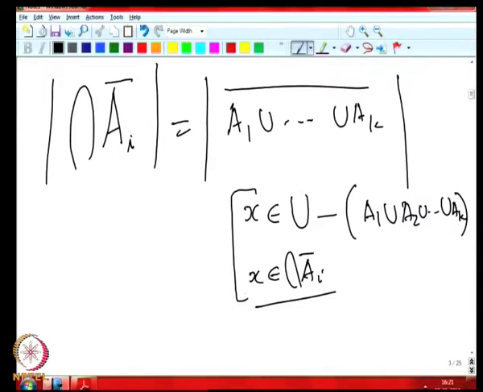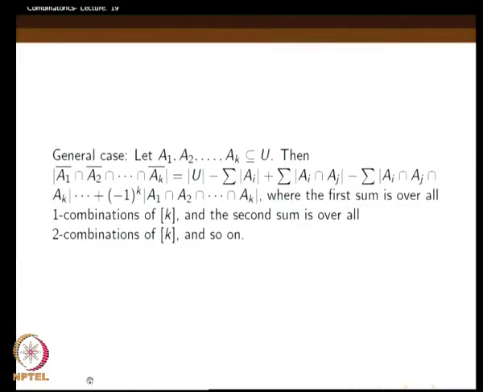How does it contribute to the total sum? We can go back to the slide. In the first term, in U, it is contributing 1; from the second term onwards it is not contributing at all.